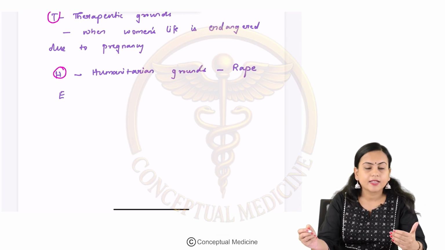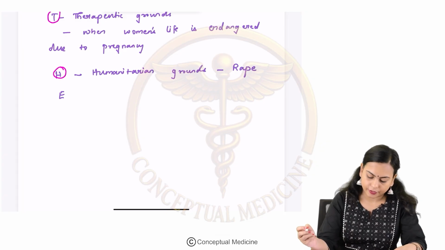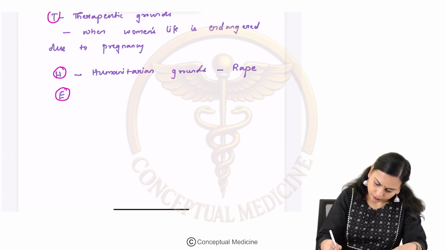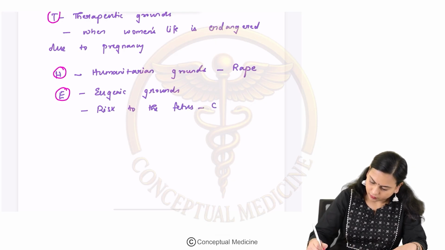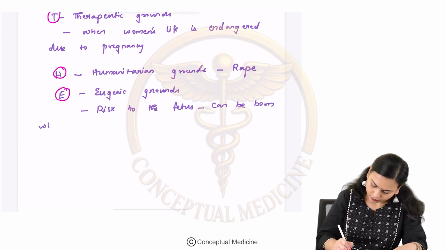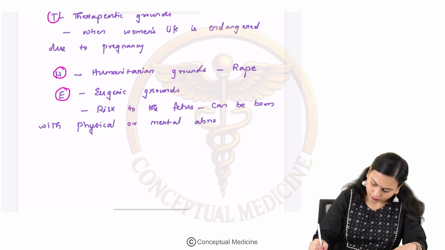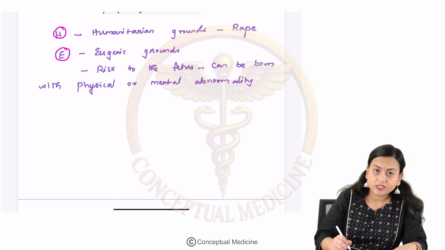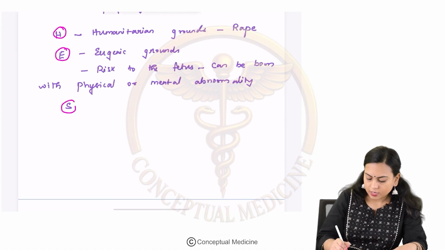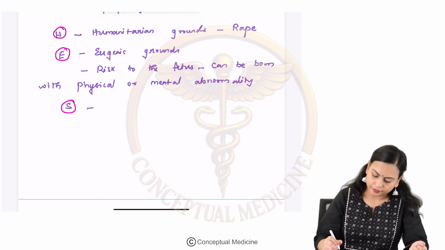Suppose the fetus has a chance of being born with a physical or mental abnormality, then also MTP can be offered. And the next ground is S, that means social grounds, when a pregnancy has arisen out of contraceptive failure.